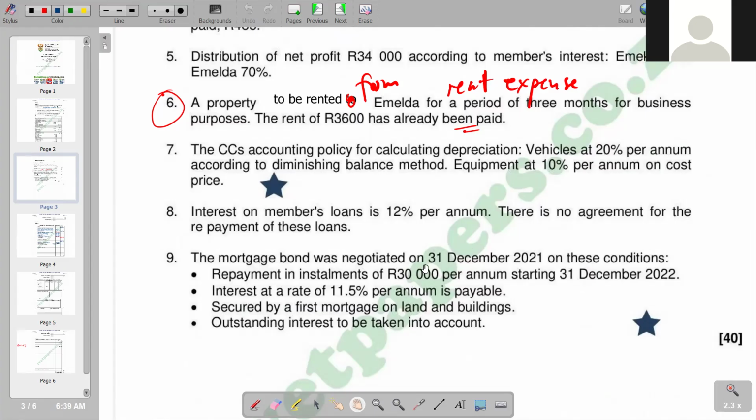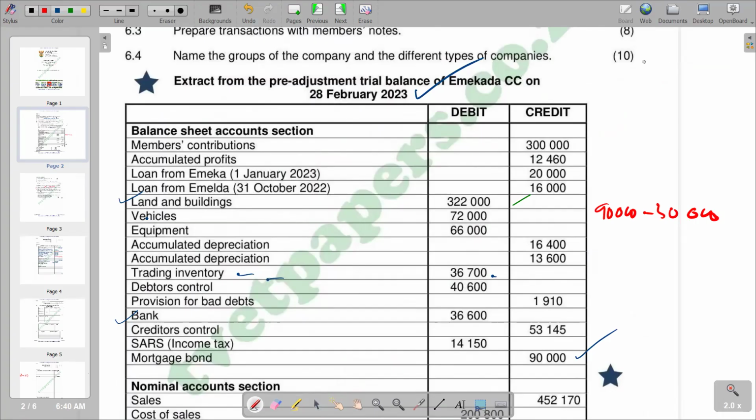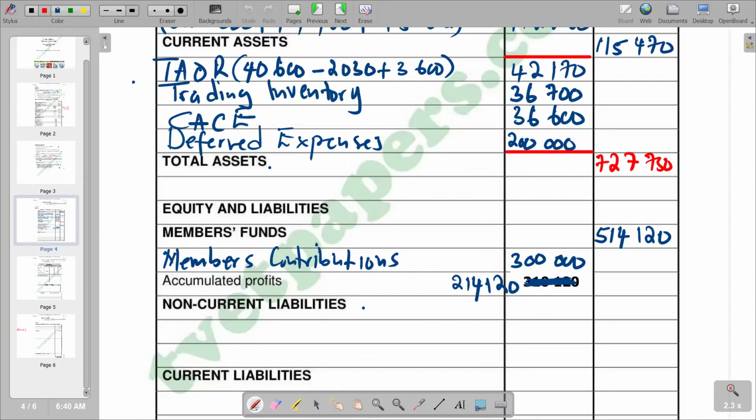It reduces the mortgage bond balance. So we subtract 30,000 from the figure for mortgage bond, 90,000, and we get 60,000. So this is going to be our mortgage bond. So we come here, we have 60,000 for mortgage bond.